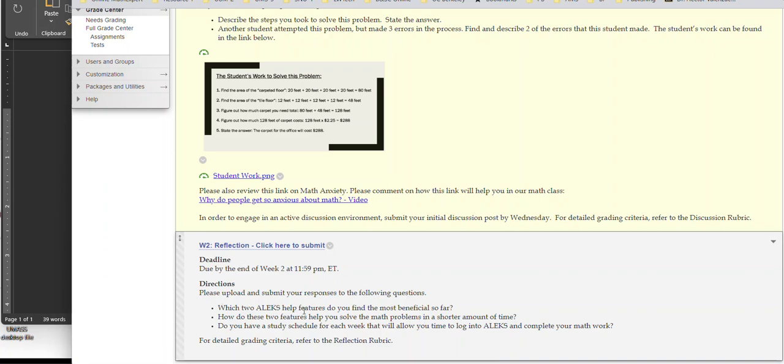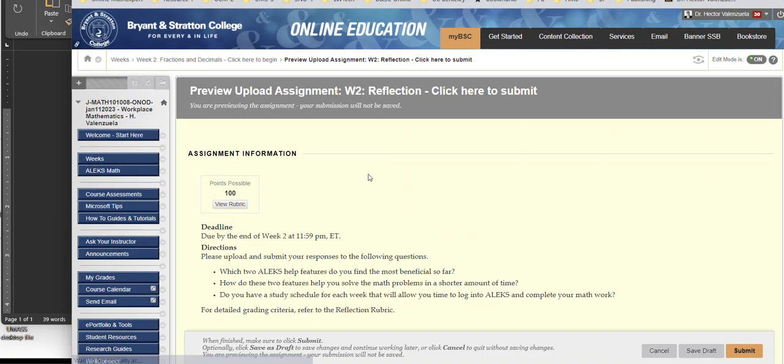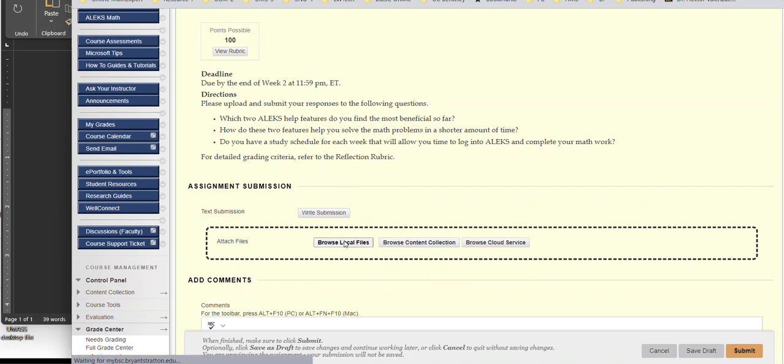Which 2 ALEKS help features do you find the most beneficial? And how do these features help you solve the math problems in a shorter amount of time? And do you have a study schedule that allows you time to log into ALEKS? Then you're going to submit that in this folder here. You're going to click on this link, and then you'll submit it in this folder and submit.